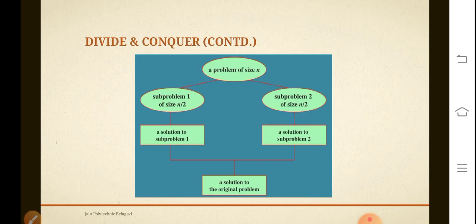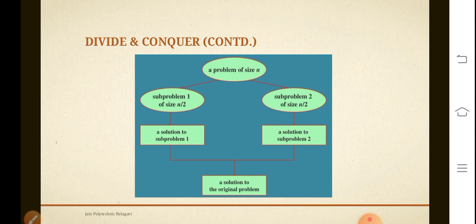So I have an example here that shows how the divide and conquer technique is used for dividing a problem into subproblems. Here a problem of size n is the given problem. That problem we are dividing into subproblems, like subproblem 1 of size n by 2 and subproblem 2 of size n by 2.